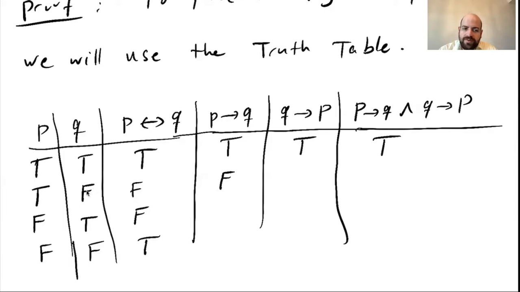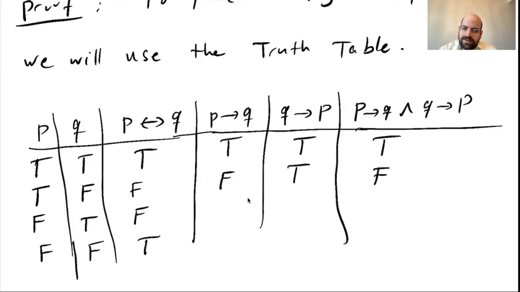Q implies P means false implies true. False implies true, do you remember, is true. And finally, the last column is this column, conjunction this column. False conjunction with true will be false.